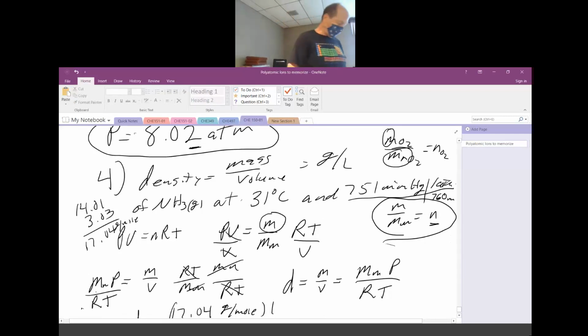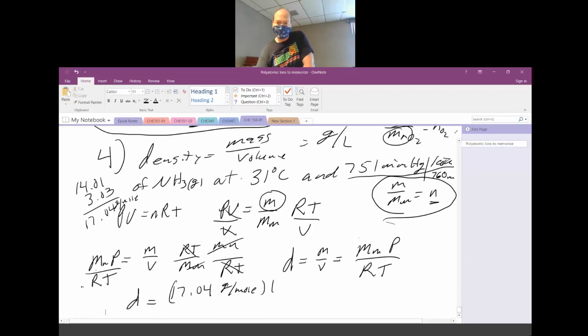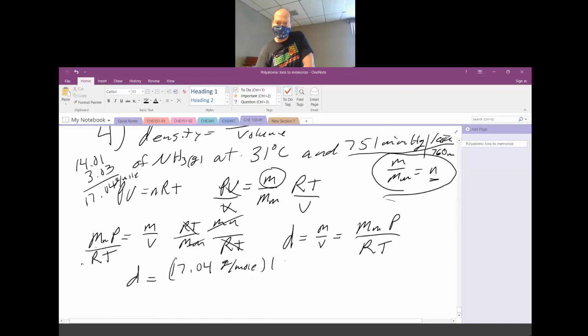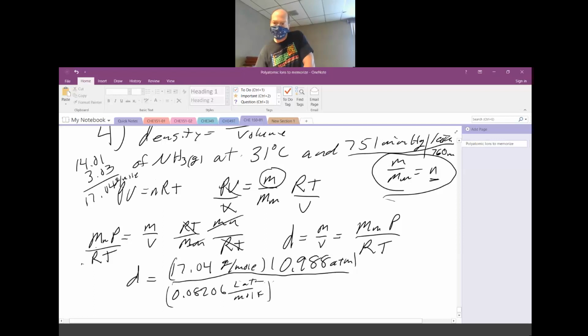So when you take 751 and divide by 760, you get a 0.988 atmospheres. Must be in atmospheres, 0.988 ATM. All right, and why does that have to be in atmospheres? Well, because the R value you're going to use is 0.08206 liter atmosphere per mole Kelvin. And so your pressure has to be in atmospheres to cancel atmospheres.